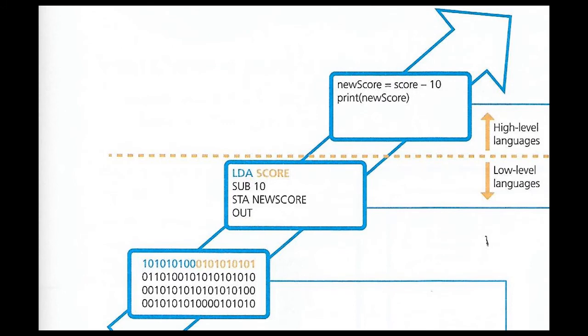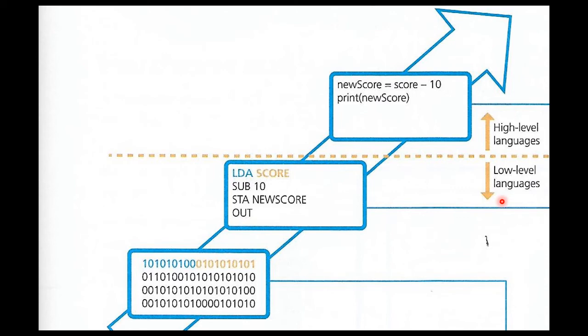So this is the diagram that is in the revision guide, the pink book. It's just there to show you the different levels. Down here, this is as close to the processor as you'll get. We can see the binary instructions there, so it uses zeros and ones.